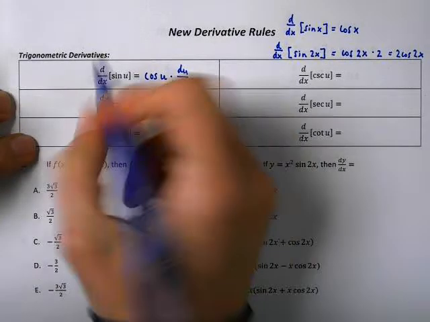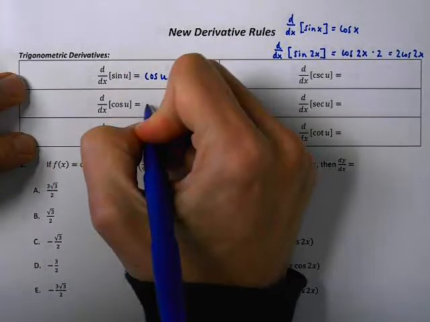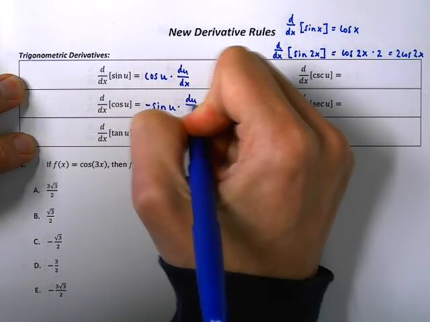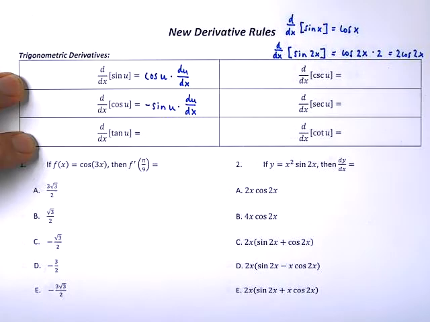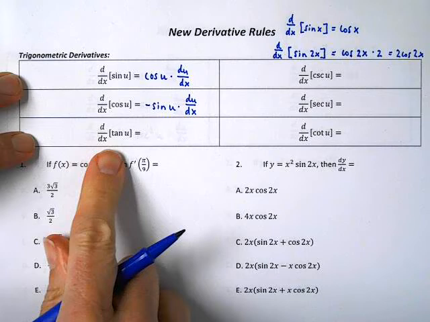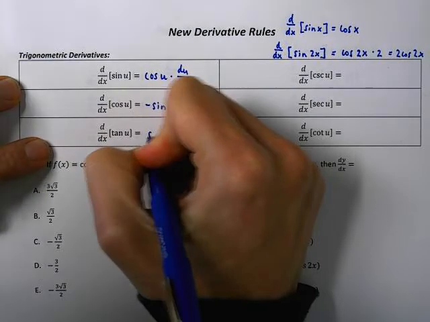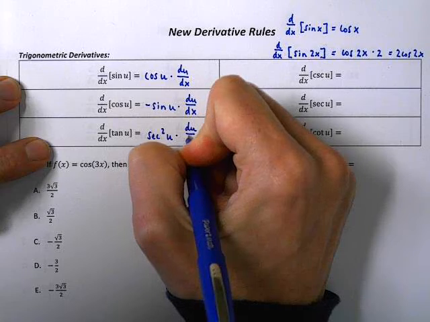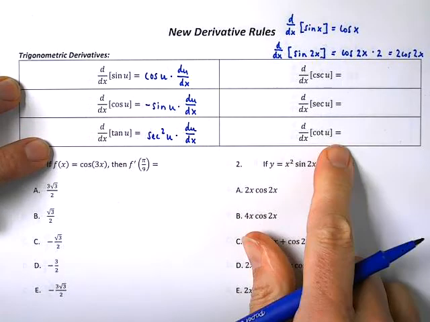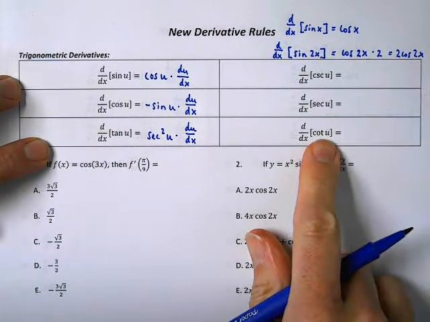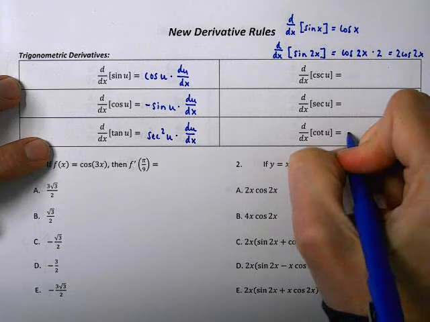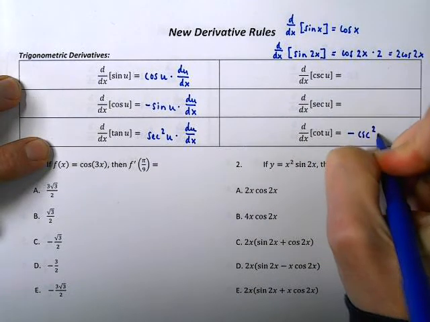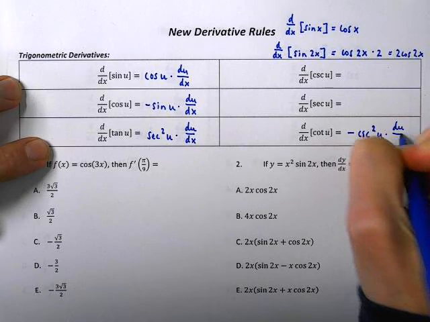Alright, so now, derivative of cosine, we have negative sine of u, and we're always going to have that times du dx. The derivative of tangent is going to be secant squared of u times du dx. Now I'm just going to follow along here. The derivative of cotangent now is going to be opposite. Instead of secant, we're going to have cosecant squared of u times du dx.